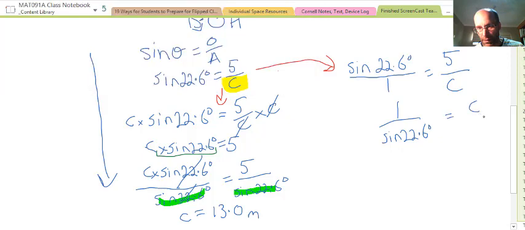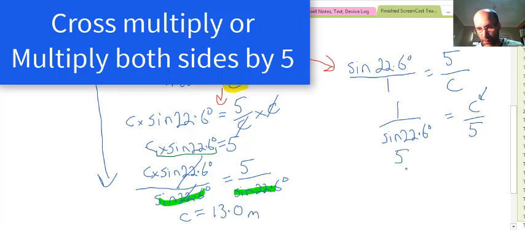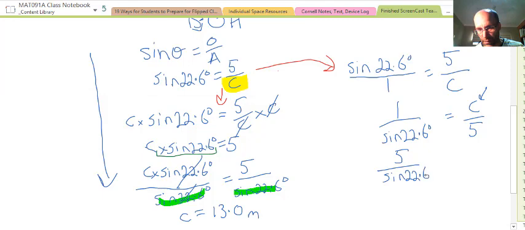So invert means to turn upside down, so we use the reciprocal of both sides. And now to get C by itself, all we have to do is times by 5, which would be 5 over sine 22.6.